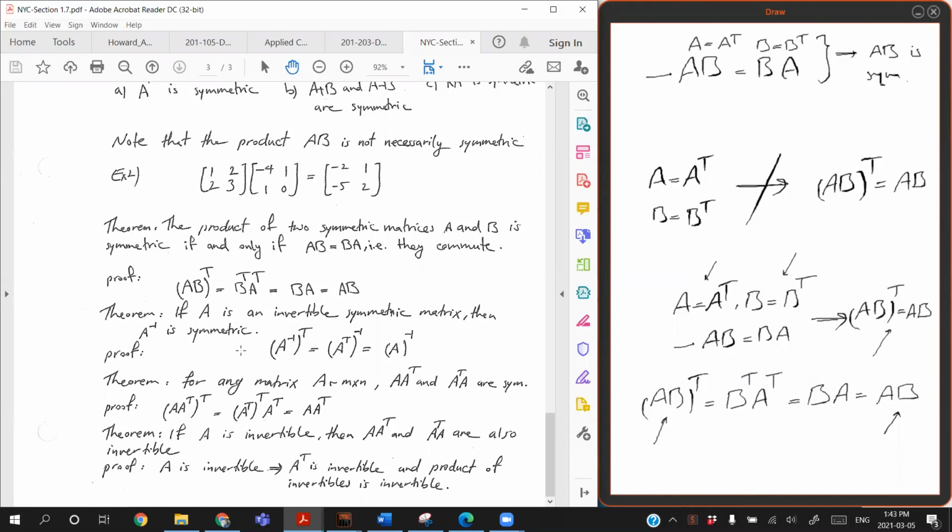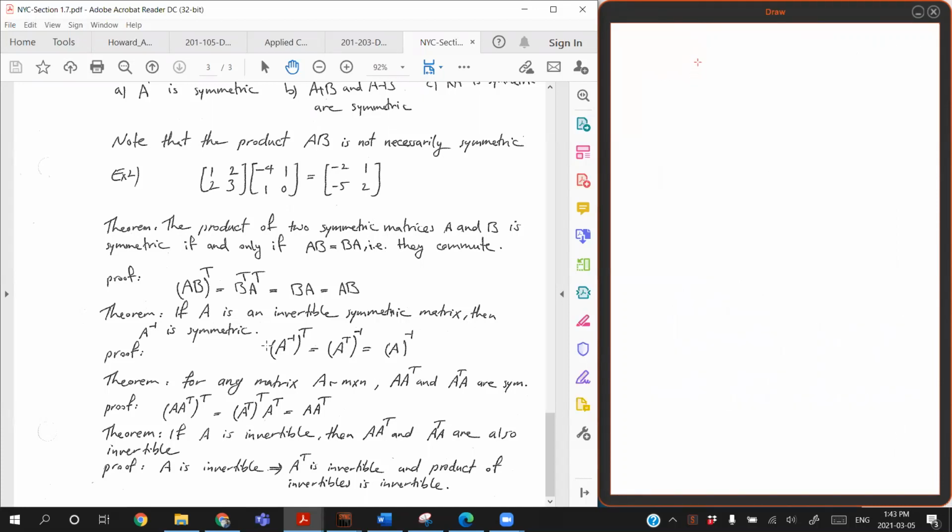Next theorem. If A is an invertible symmetric matrix, then A inverse is also symmetric. So if we know that A is symmetric, that is, we know A is equal to A transpose, and we also know that A is invertible, that is, A inverse exists, then these two will tell us that A inverse is also symmetric.